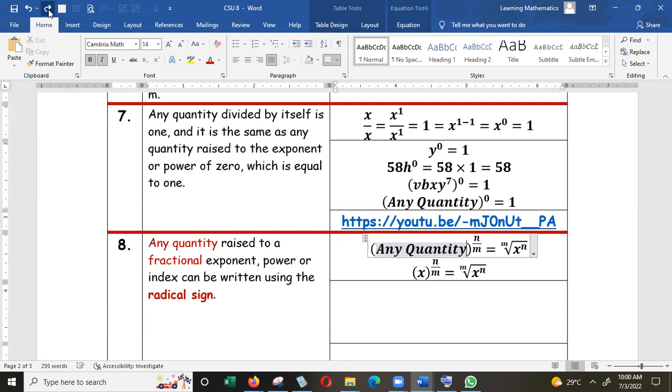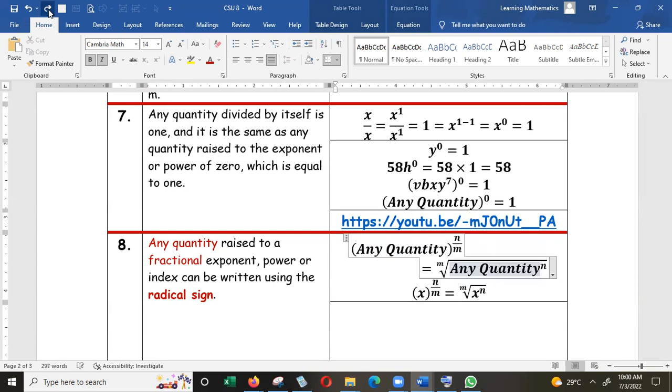So any quantity with a fractional indice can be rewritten using the radical sign, and the numerator will be the power of that quantity, and the denominator will be the degree of the radical sign. We can abbreviate quantity as quant.